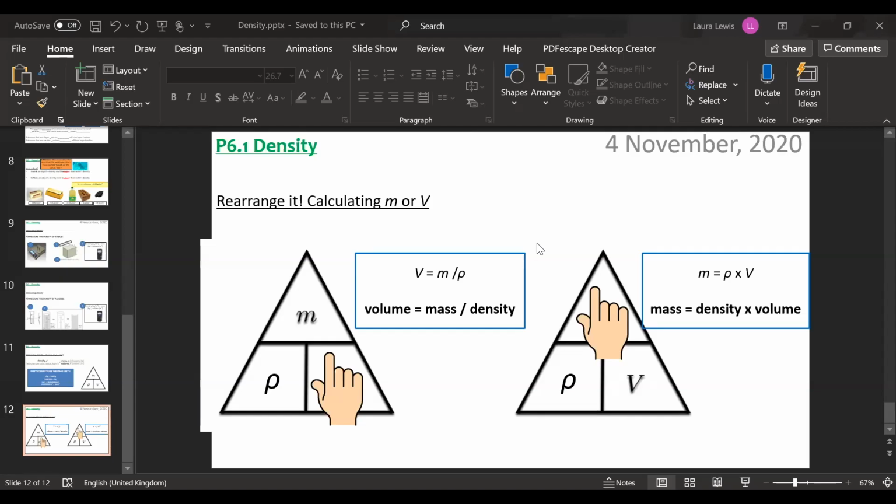A chef fills a 50 centimeter cubed container with 250 grams of cooking oil. What is the density of the oil? Again, density equals mass divided by volume.